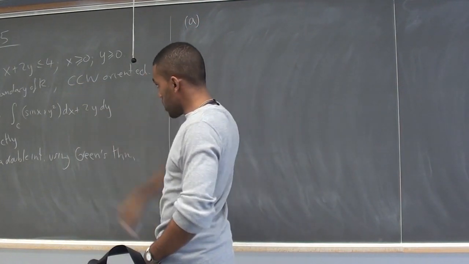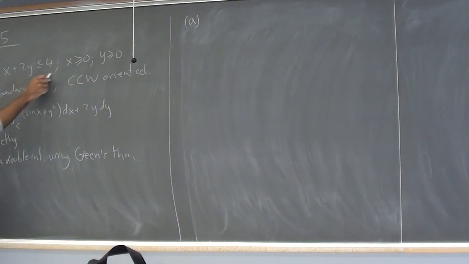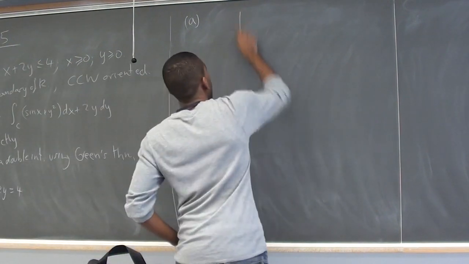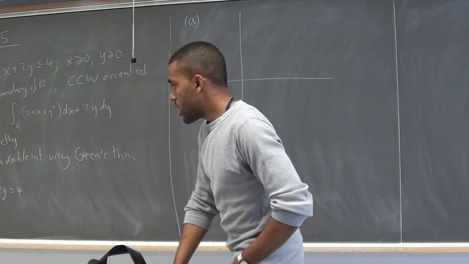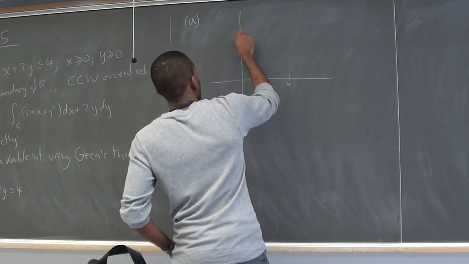First let's look at our region. Again, you look at the equations of these guys. Think of it as an equality, x plus 2y equals 4. What kind of curve is that? A line, just a straight line. If you set y equals 0, you get x equals 4. If you set x equals 0, you get y equals 2.